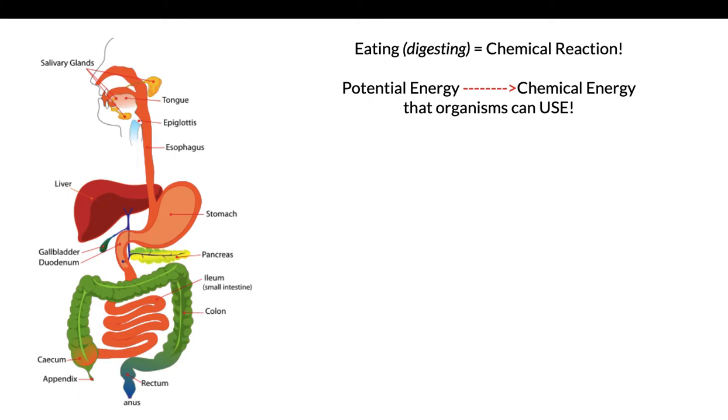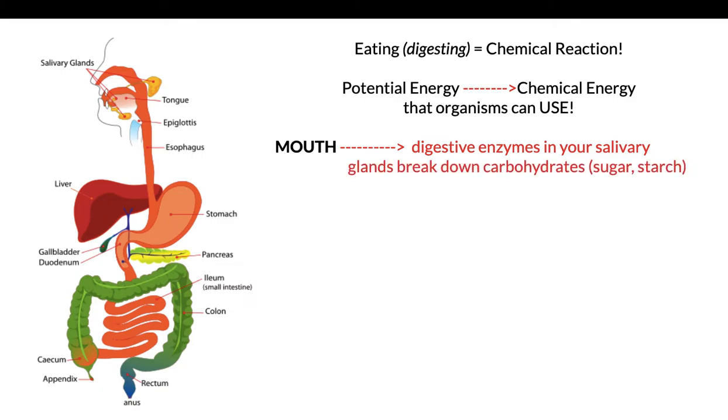In the case of a human being, there's a pathway for that to occur. So first of all, we take a bite of food, any food, and there are digestive enzymes in your saliva, in your salivary glands, and it breaks down specifically carbohydrates, so starches and sugars, okay?